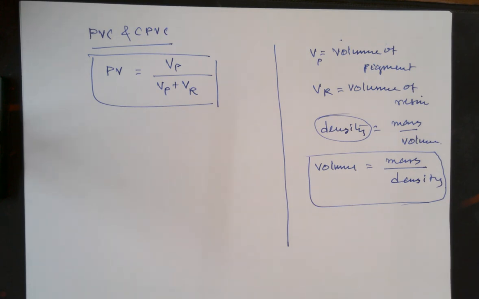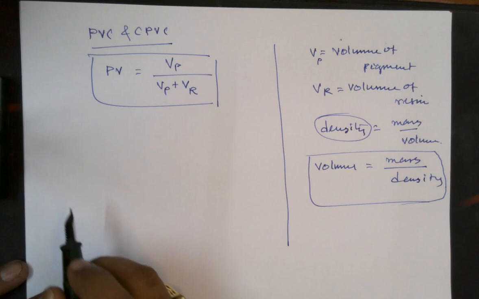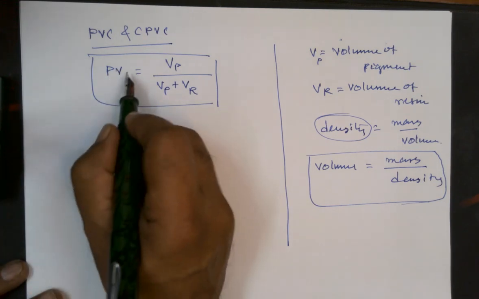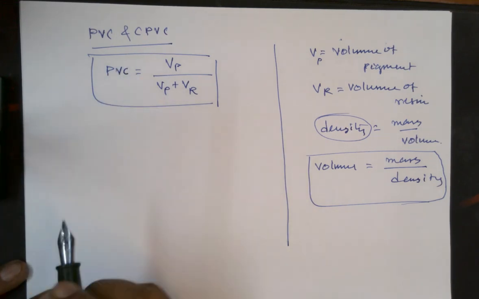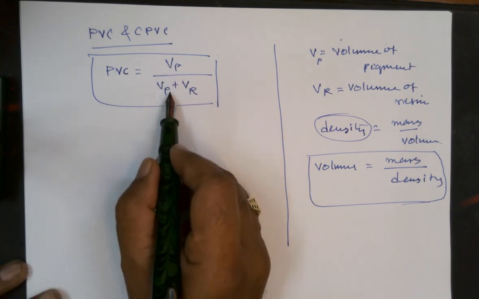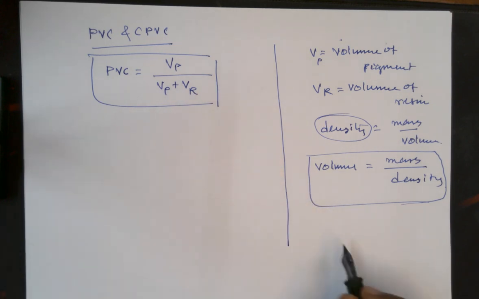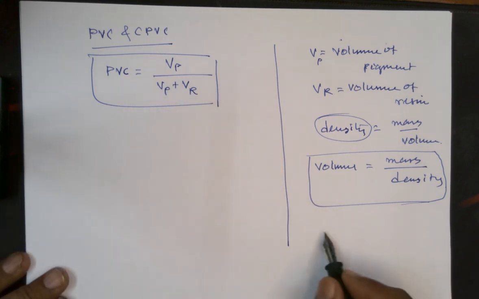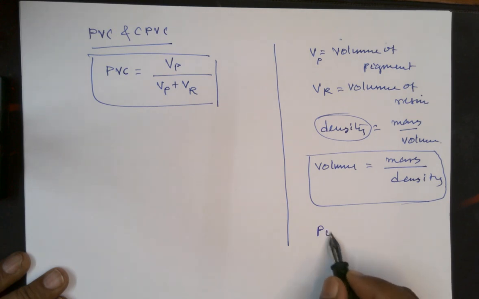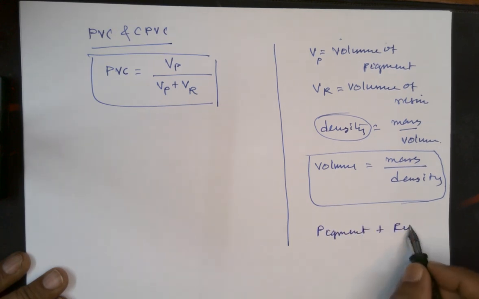Critical pigment volume concentration. So this is PVC, pigment volume concentration, that is the volume of the pigment divided by the total volume of pigment and the resin. As we already saw, we consider only the pigment and the resin.